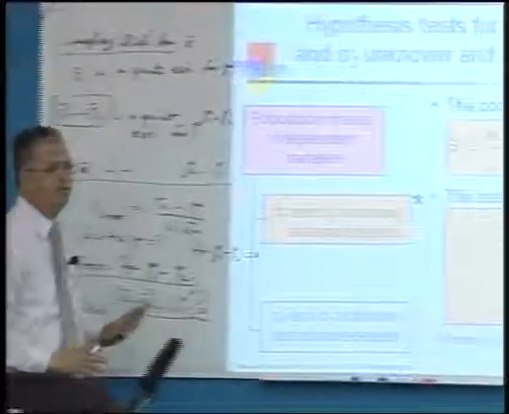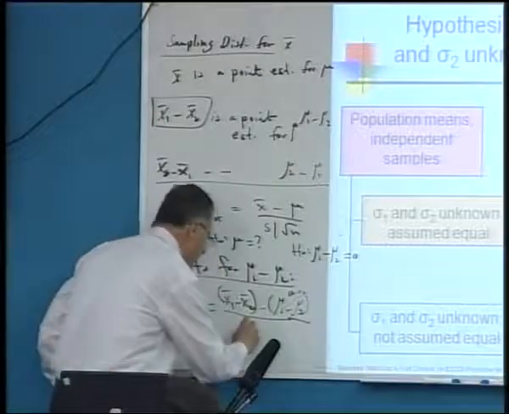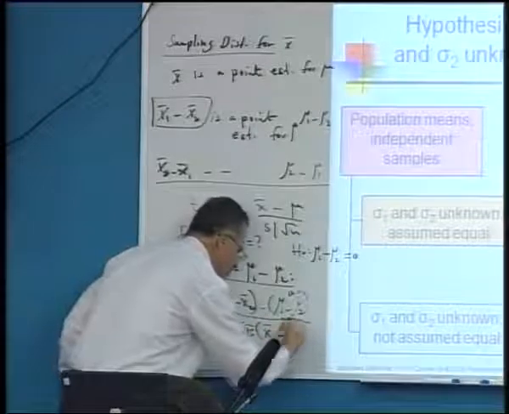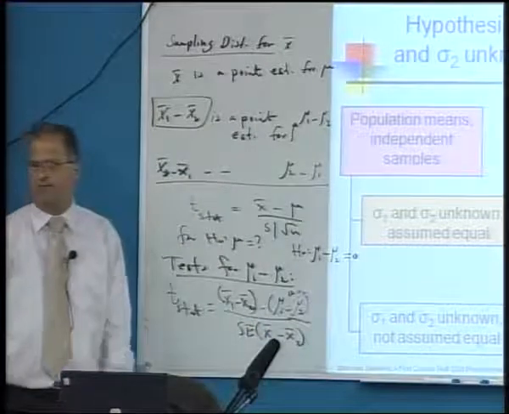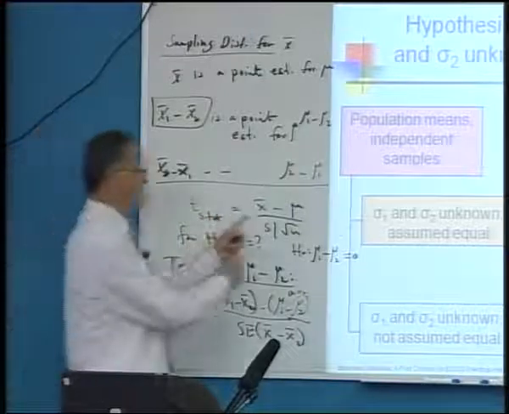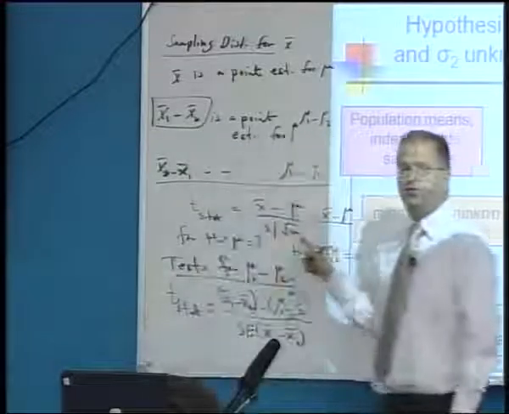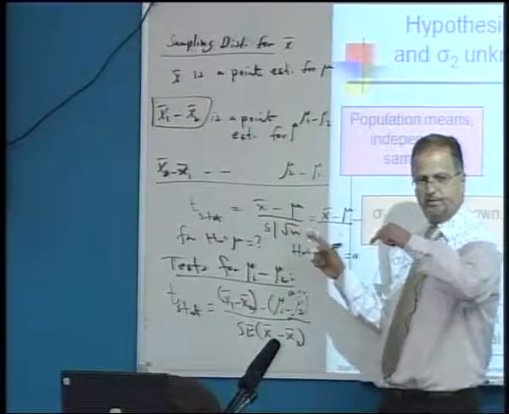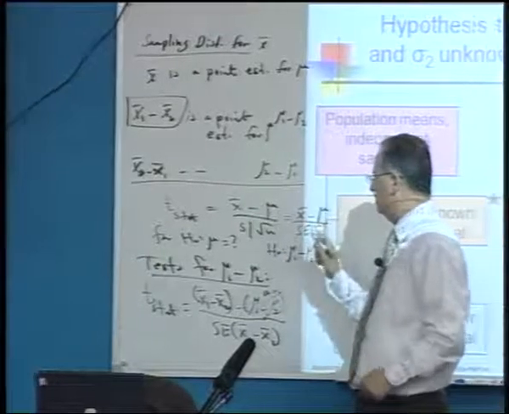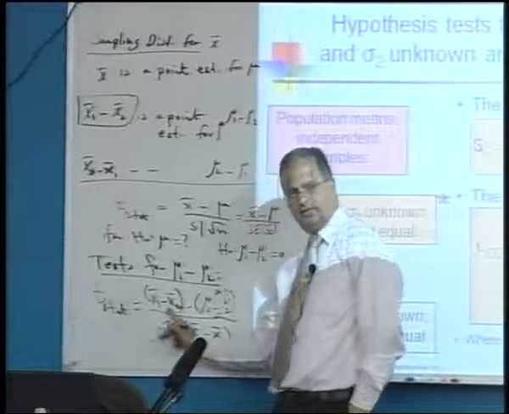Divide by, and this is the new term in this chapter, the standard error of the estimate. Because if we go back a little bit to the t statistic, it's x bar minus mu divided by s over square root of n, which is the standard error of x bar. The same here: we have the standard error of this estimate.